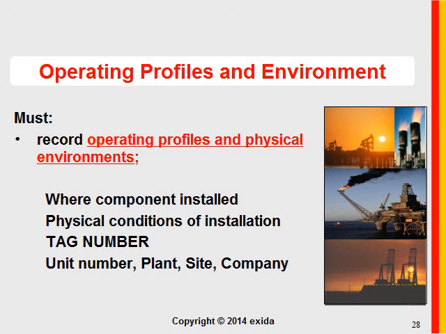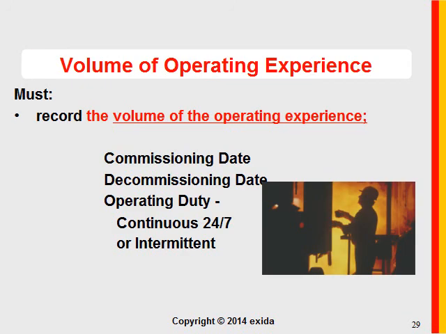I know you can have different levels of collection, like units and plants and sites, etc. But in the end, it comes down to that unique address, that unique tag number in a location that defines its physical environment.